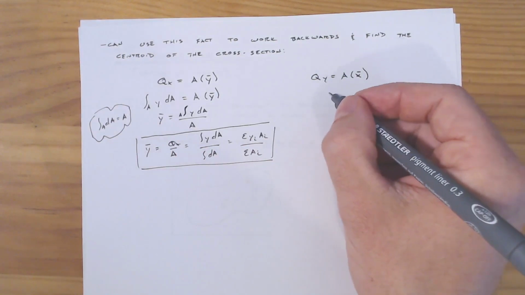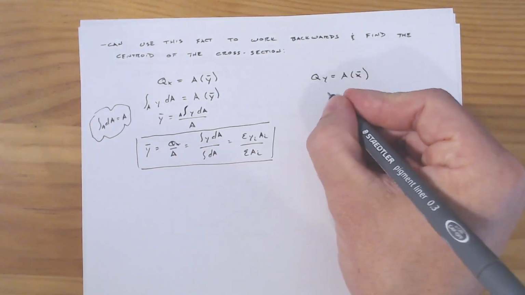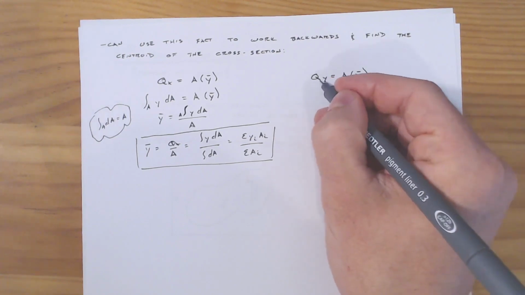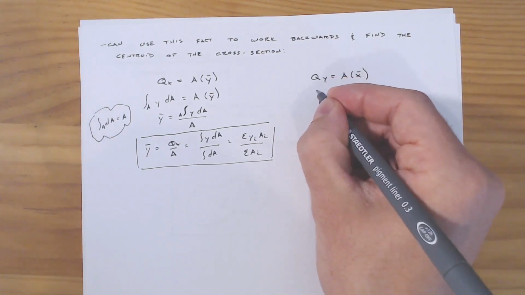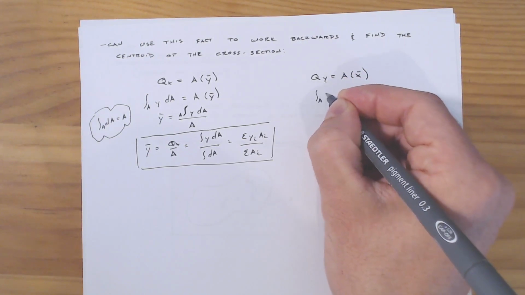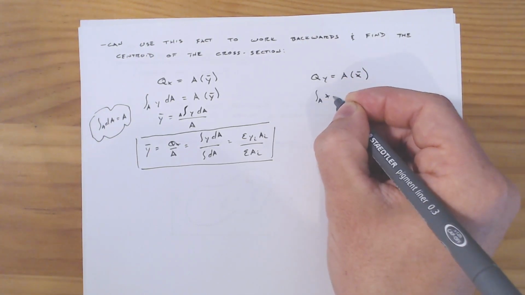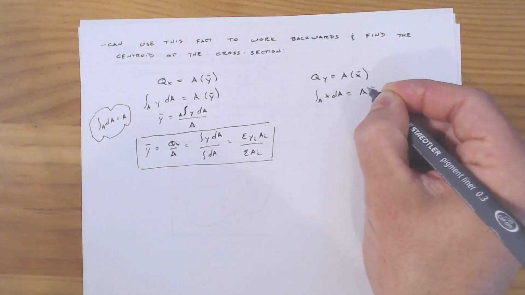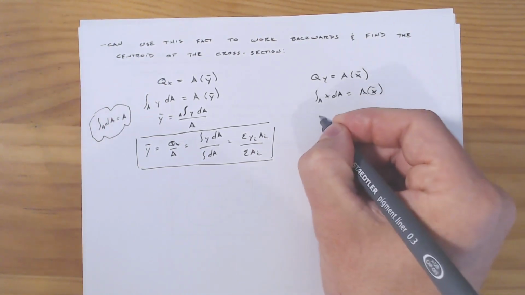And similarly, if we're looking at the centroid in the x direction, the first moment of area about the y-axis is just going to be the integral over A of x dA equals A x bar.